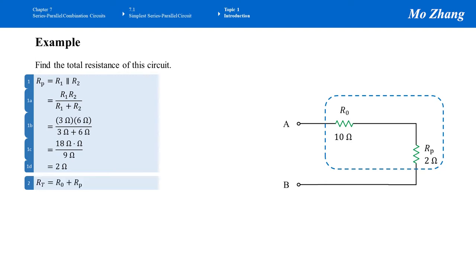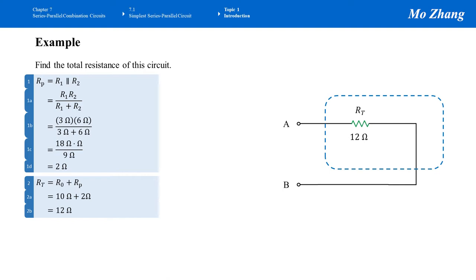The total resistance Rt is the sum of both resistors, that is R0 plus Rp. And then next, we just substitute the values into those variables. R0 equals to 10 ohm, and Rp is 2 ohm. Adding them up, the total resistance Rt equals to 12 ohm.